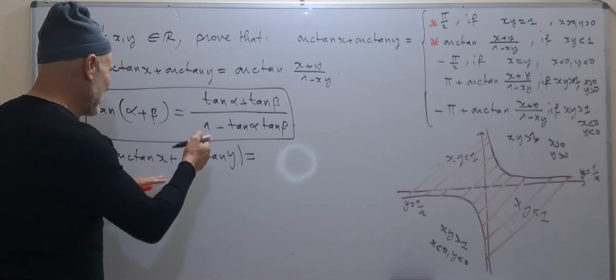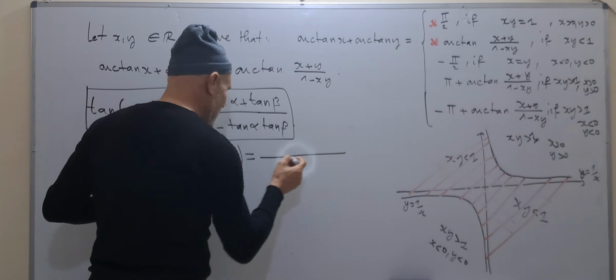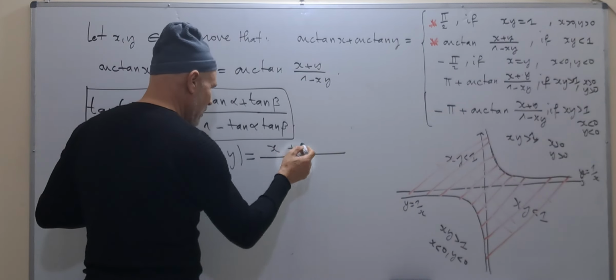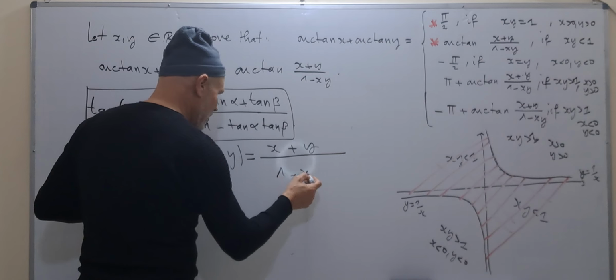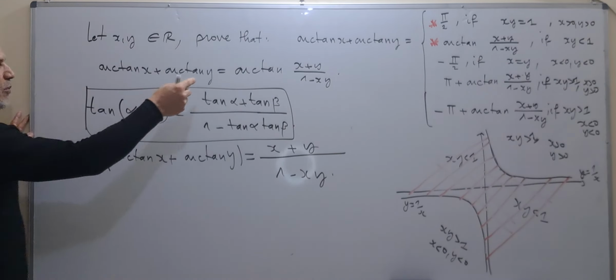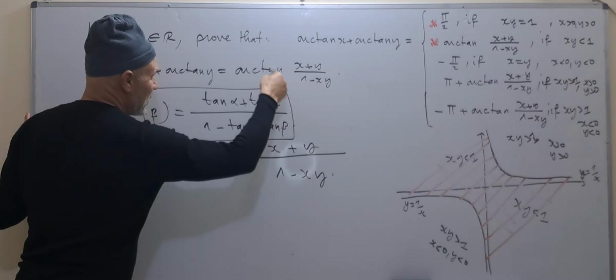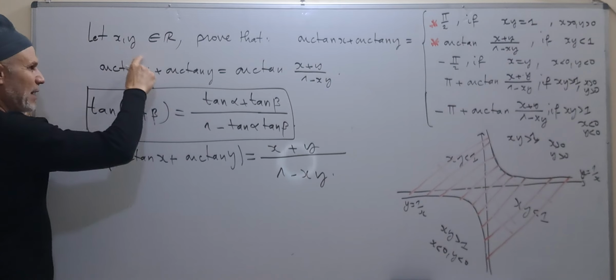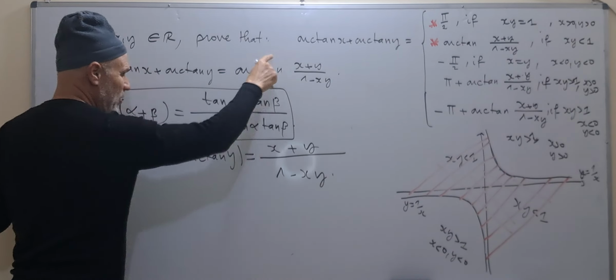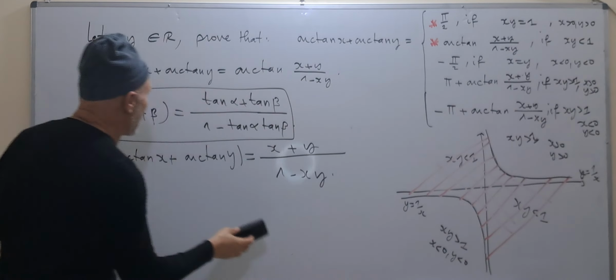This is equal to tangent alpha plus tangent beta over 1 minus tangent alpha tangent beta, and since tangent of arctangent, the function and its inverse, gives x, this is x plus y over 1 minus xy. If we compose from this side, we will find x plus y over 1 minus xy. So the tangent of this side is equal to the tangent of this side. This is the most important information until now.